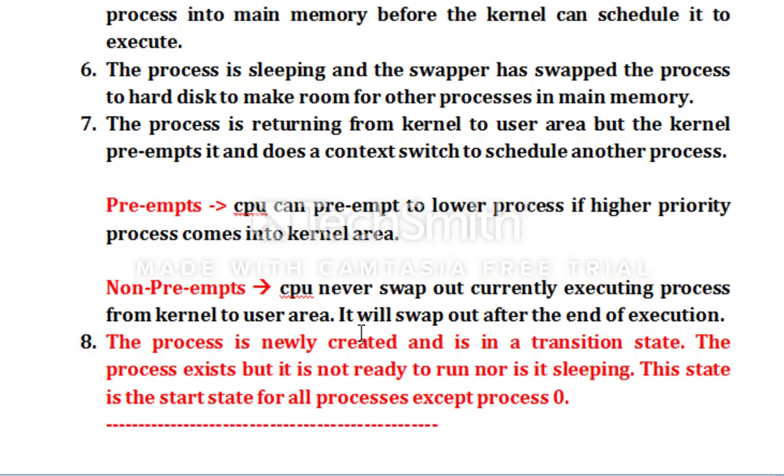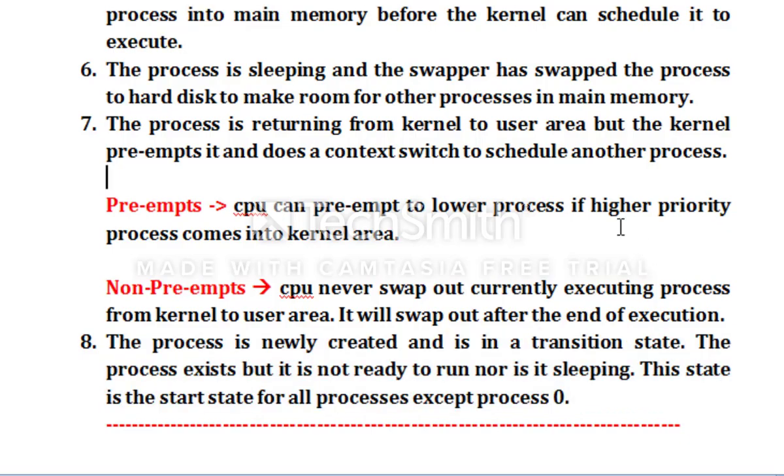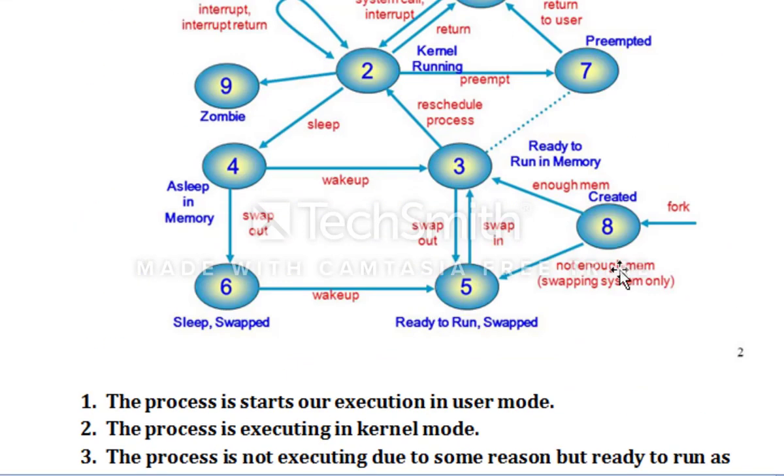So this is actually the Unix system structure. I hope it is clear. Step 1, 2, 3, 4, 5, 6, 7, 8, 9. Every state has its own meaning and its own concept.